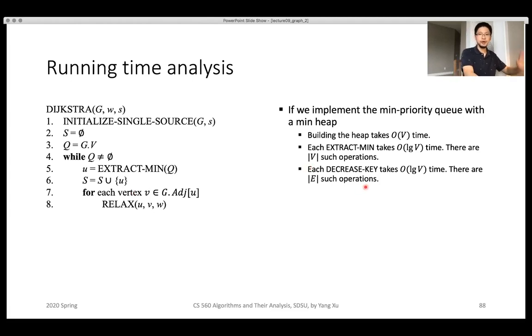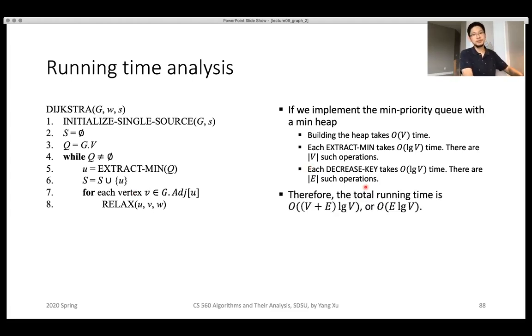So altogether we can think of the running time as big O of (V plus E) times log V. If V and E are at the same scale, then we can use big O of E times log V running time.